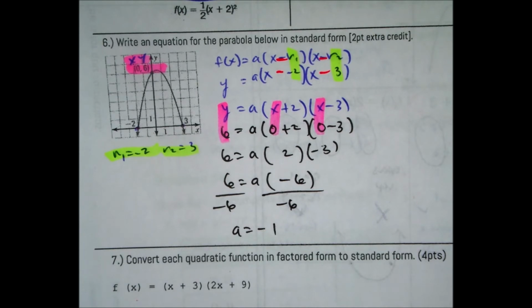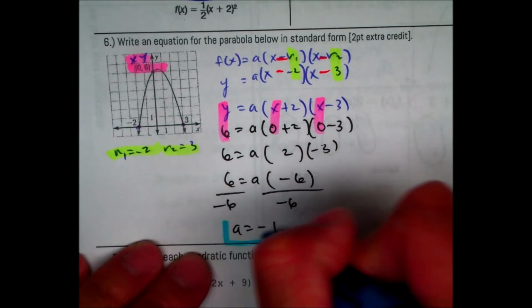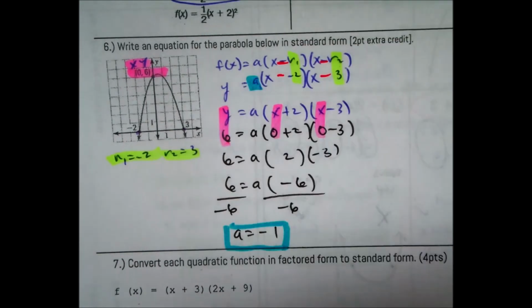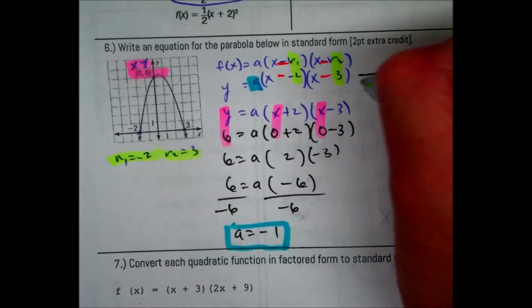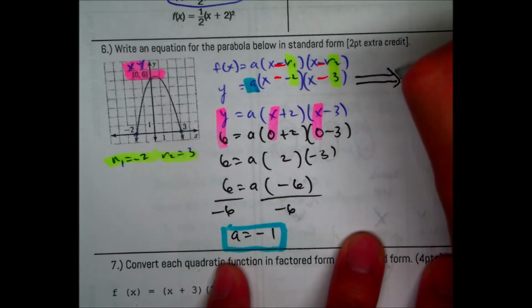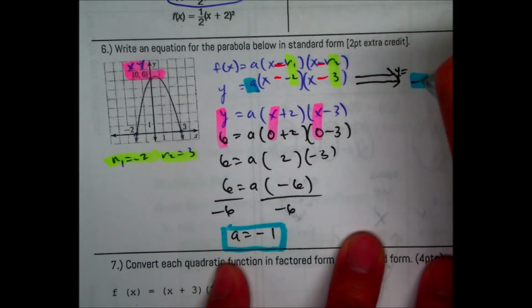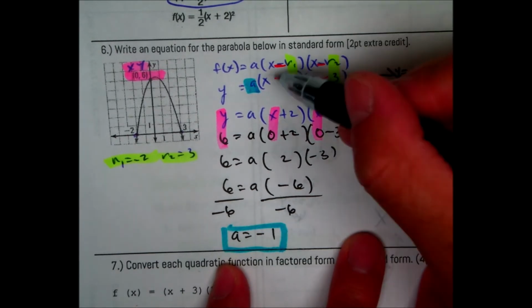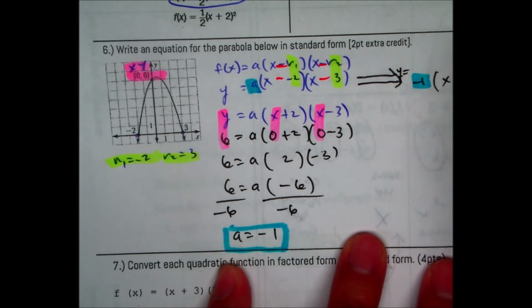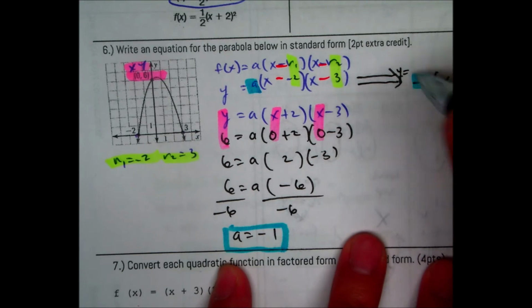So with an a value of negative 1, you can essentially just put it back right here, because you already put in your roots. So I have y equals negative 1 times x plus 2 and then x minus 3. It's hard to see, but let's write that.